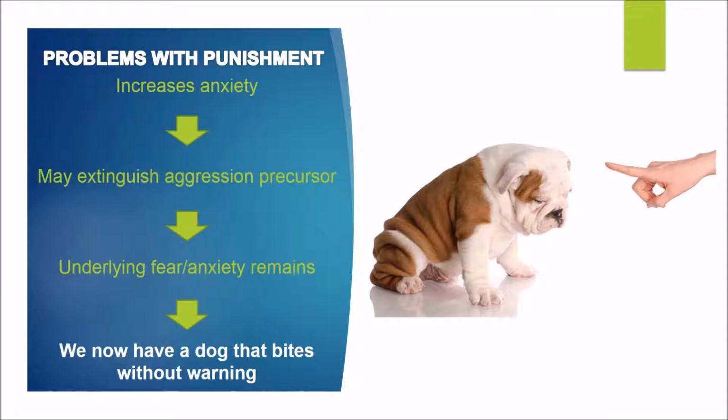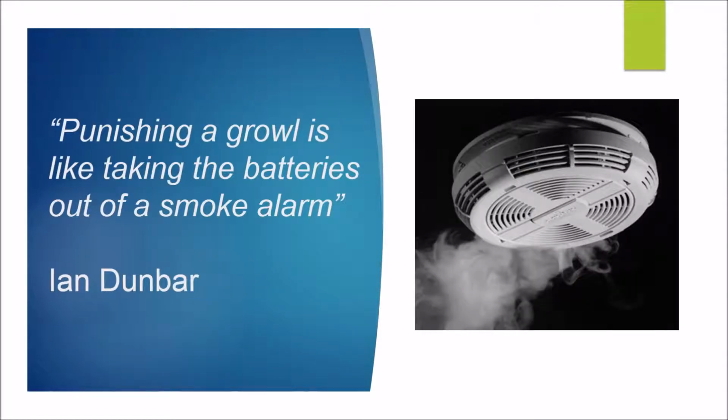Now Fluffy's owner is a bit embarrassed because Fluffy is now growling at the vet, so Fluffy's owner is like, "Fluffy, no!" and starts to reprimand Fluffy. Now again, we may get rid of that growl, but Fluffy still is really scared about the vet and the vet clinic. So now what we've potentially done is have a dog that doesn't have a warning system and can potentially bite. So Ian Dunbar says it beautifully: punishing a growl is like taking the batteries out of a smoke alarm.